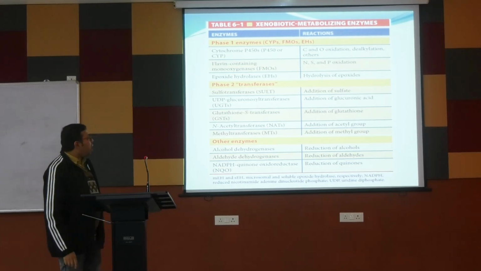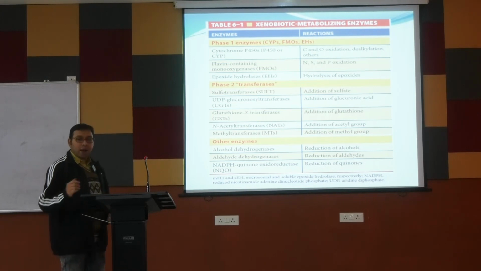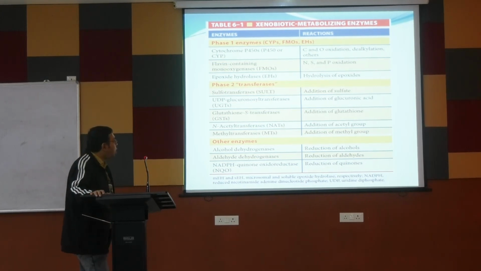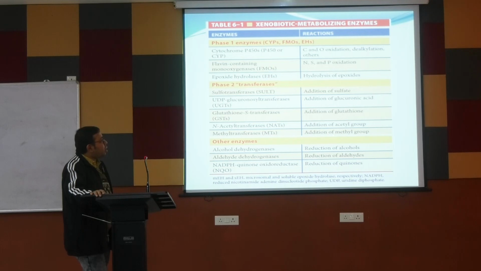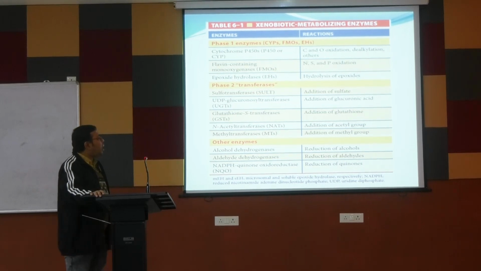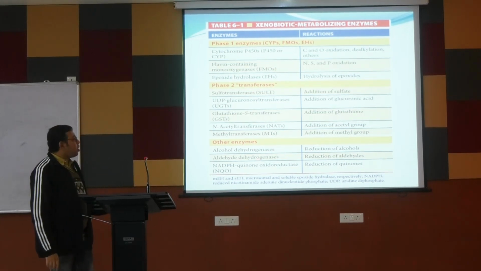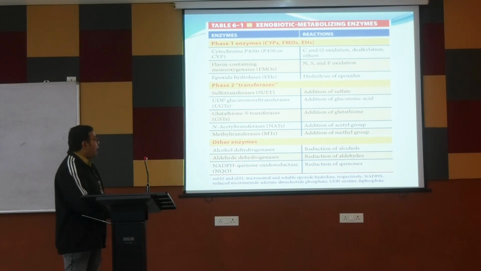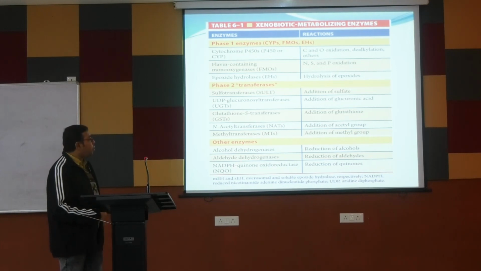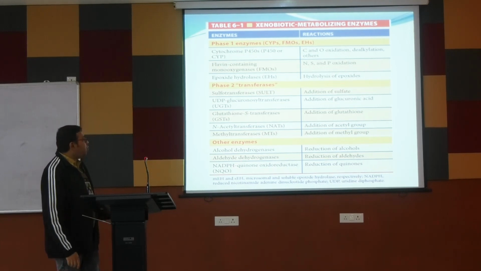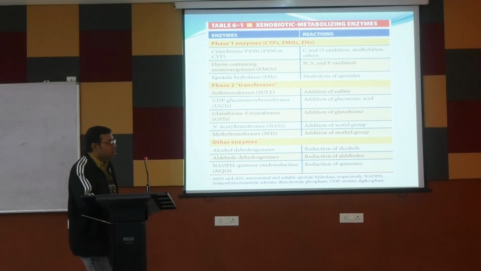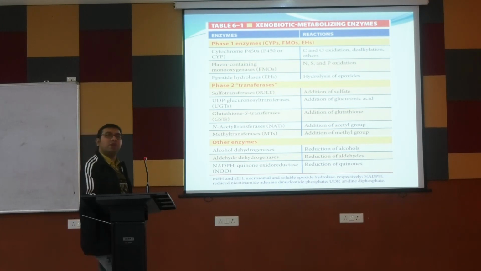Here slow acetylator and fast acetylator can occur, and this is important for warfarin. Methyltransferase causes addition of the methyl group. So these are the different enzymes in phase 2. There are other enzymes like alcohol dehydrogenase that acts on alcohol, aldehyde dehydrogenase that acts on aldehyde, and NADPH quinone oxidoreductase that causes reduction of the quinone. So in a nutshell, you can see the different types of enzymes that are instrumental in phase 1 or phase 2 reactions.